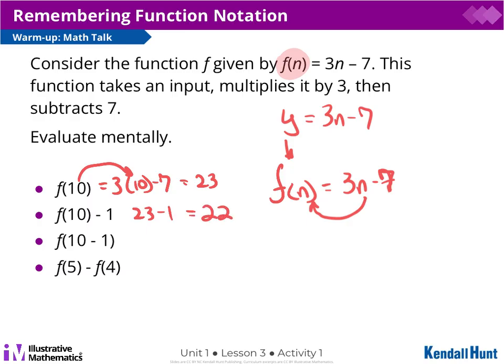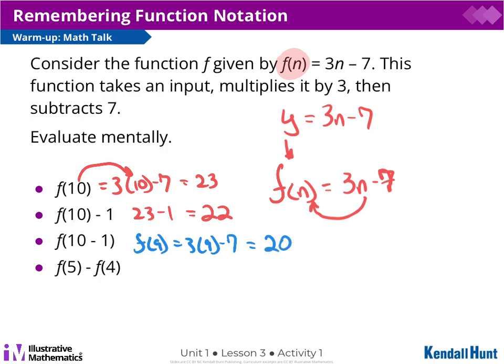For the next one, f of 10 minus 1 is f of 9. It's inside the parentheses, so PEMDAS: do what's inside the parentheses first. So 3 times 9 minus 7 equals 27 minus 7, which is 20.